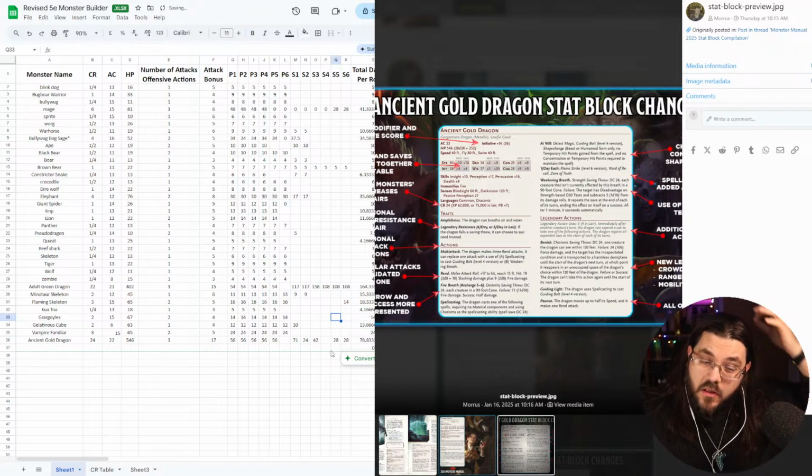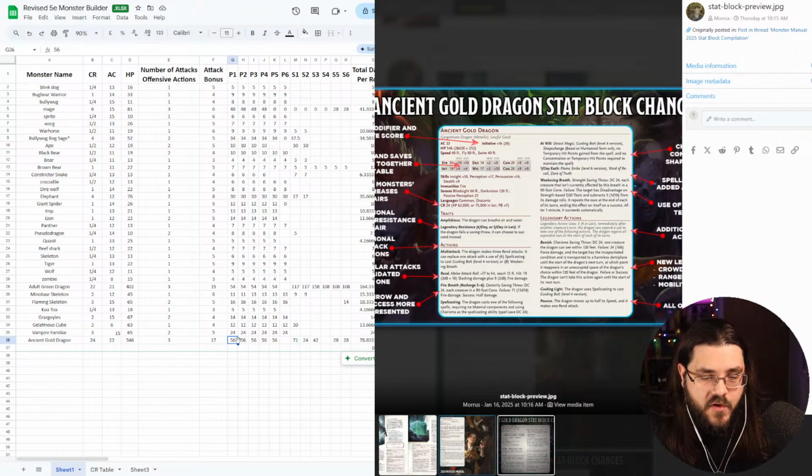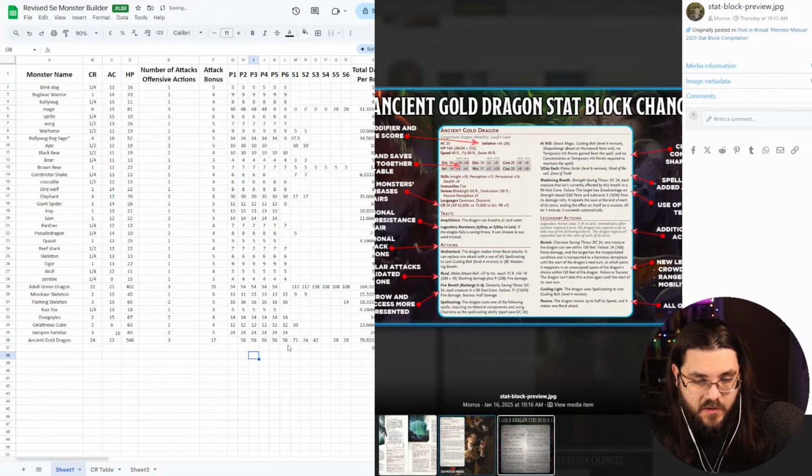Which isn't a lot of damage. Not gonna lie. So on the first round, it is gonna do fire breath, right, instead of that one. So I want to move that to there, so make sure that I understand what's happening. So first round, it's fire breath in instead of anything.